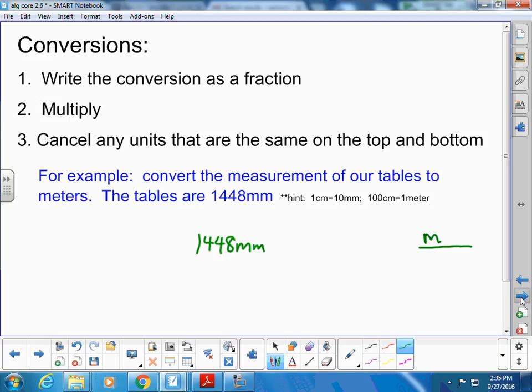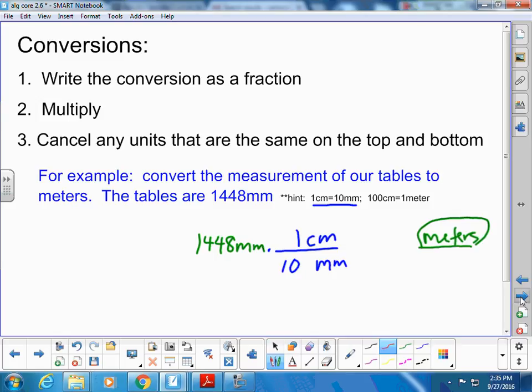So what I said when I said multiply, so you can cancel units. So I want millimeters down here, and I'm working to try to get myself into meters. Well, I have a conversion that 1 centimeter is 10 millimeters. So that gets me partway there.